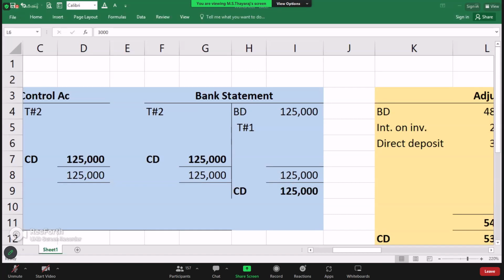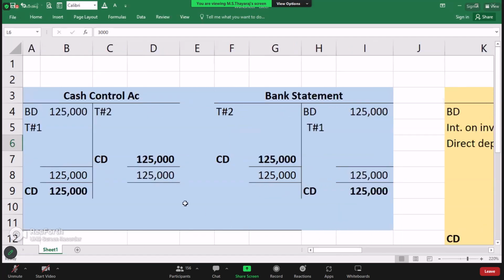The dishonor of this check has not been entered into the cash book. So a dishonored check means it was already debited when we received the check from our debtors. But it is dishonored by the bank, so we have to make the entry for this 2,000.